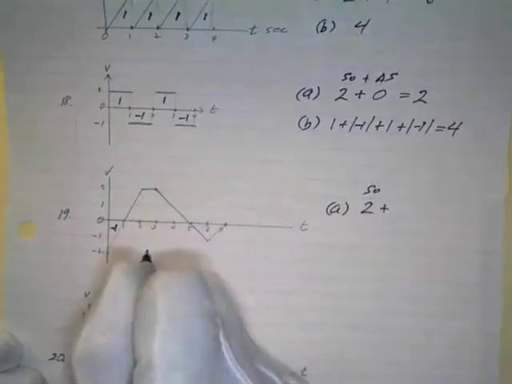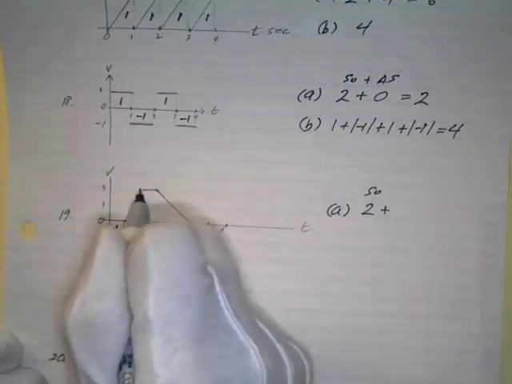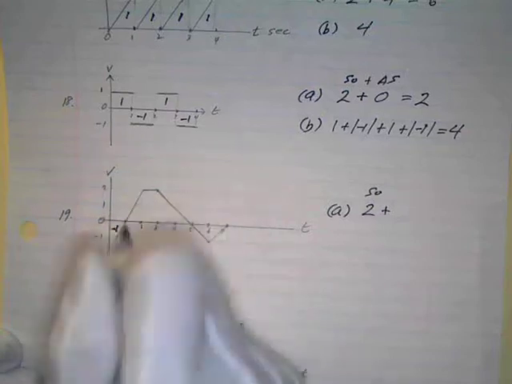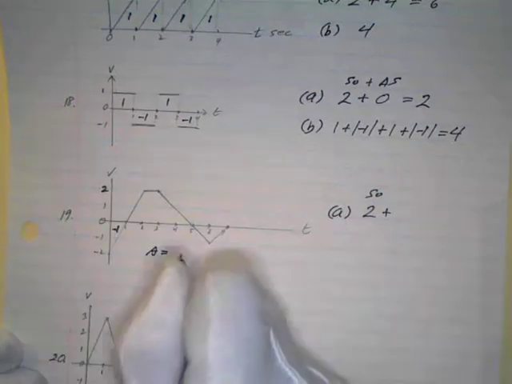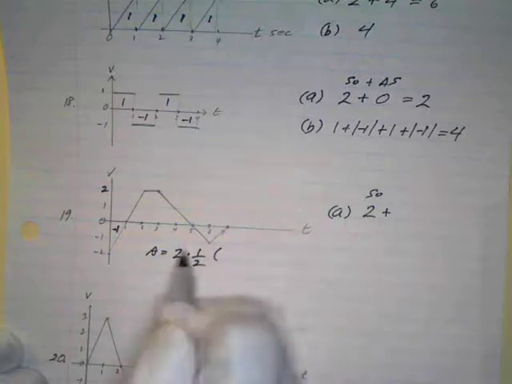Remember the area of the trapezoid equals height, and my height here is going to be 2, times 1/2 base 1 plus base 2.